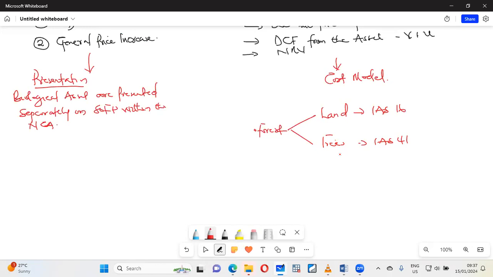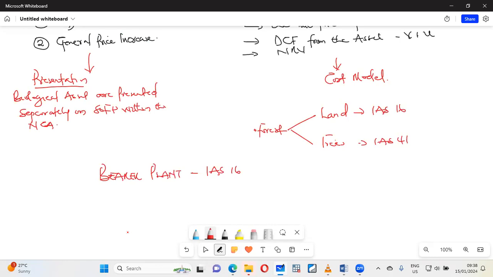And I said I'll give you something on a bearer plant. A bearer plant is treated under IAS 16, because IAS 16 is PPE. When you are looking at PPE, we are looking at assets used in the production or supply of goods and services, used for administrative purposes, and rental.